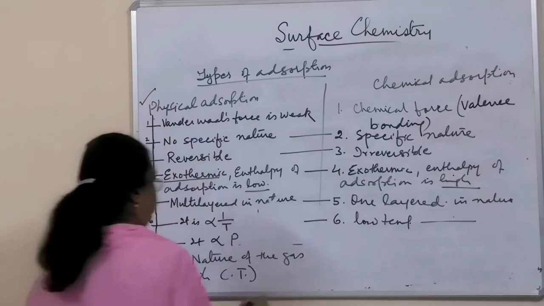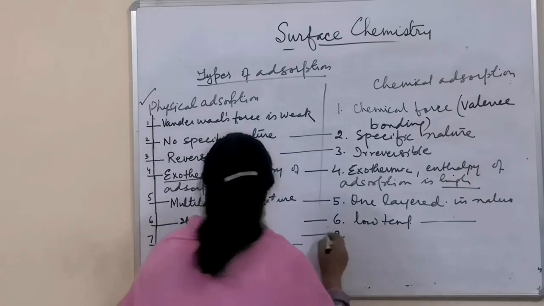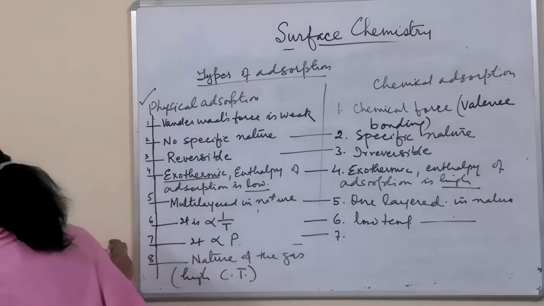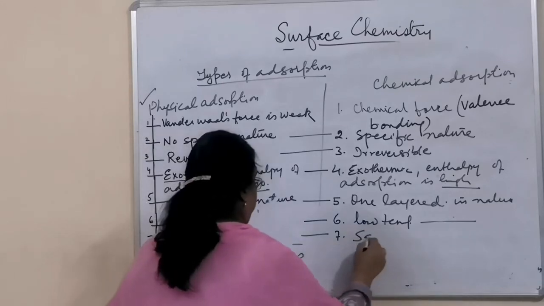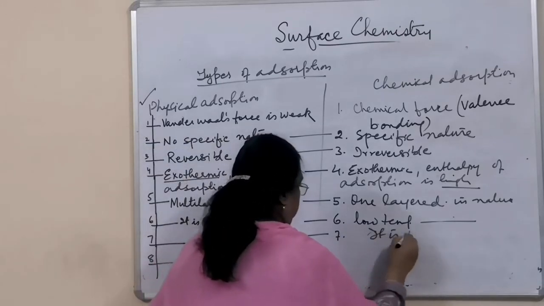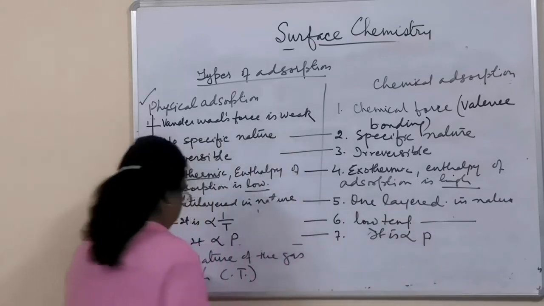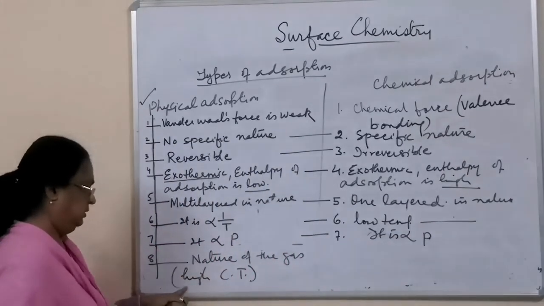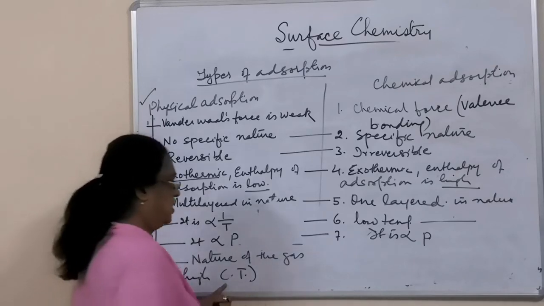Now for the pressure, it is the same. It is directly proportional to the pressure. This point is the same. Nature of the gas: in physical adsorption, they should have high critical temperature.